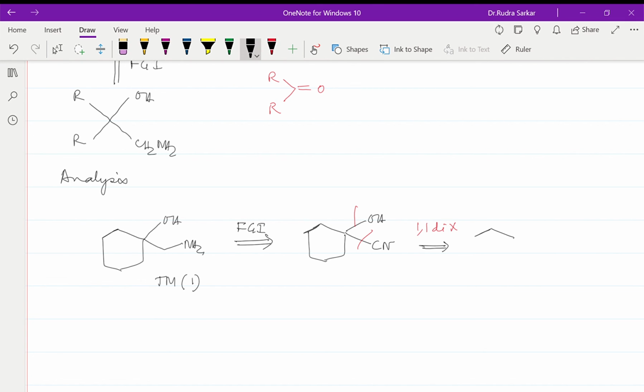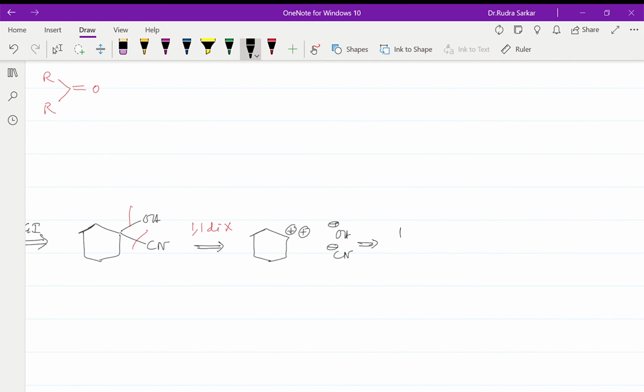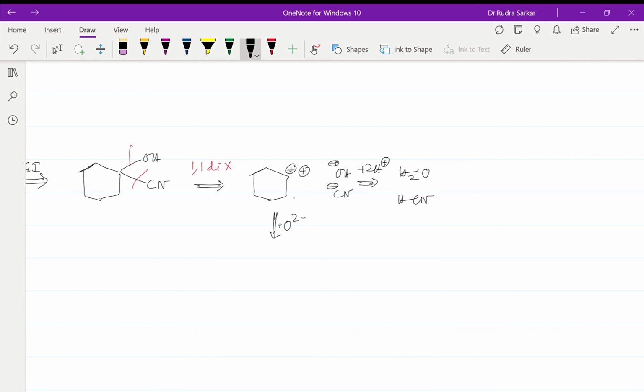What do we have as synthons? C plus plus out here, OH minus and CN minus out here. So for that you want to get the starting materials. Obviously it is going to be H2O and HCN, and that we generate by adding the protons, and for neutralizing this particular synthon we will add an O2 minus. So what do we get? We get this.